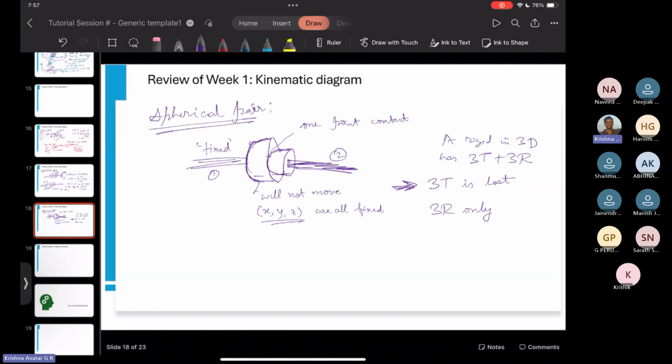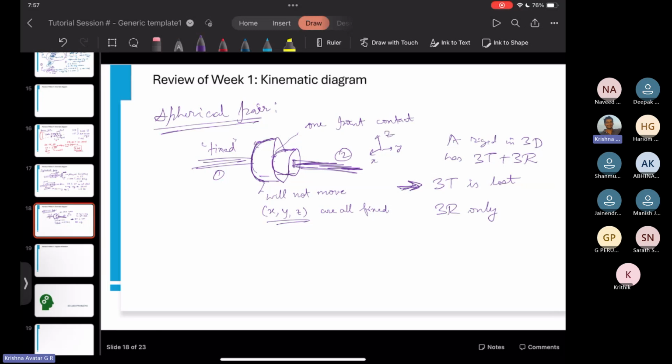Now you can rotate about the x-axis. You can rotate about the y-axis. You can rotate about the z-axis. About the x-axis, you can just take this, bring this part, align it along the x direction and rotate it, and do the same for y and z. Because of which a spherical pair has 3 degrees of freedom. So that's the reason, yes, a spherical pair has that.